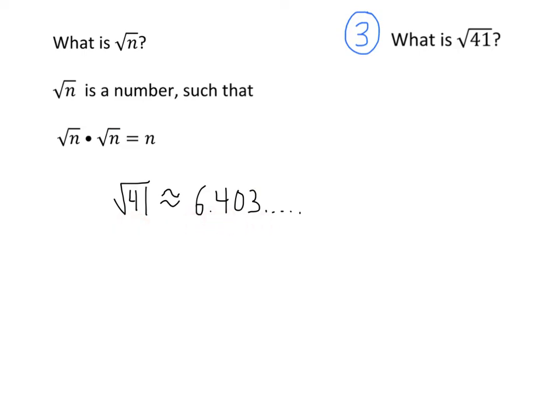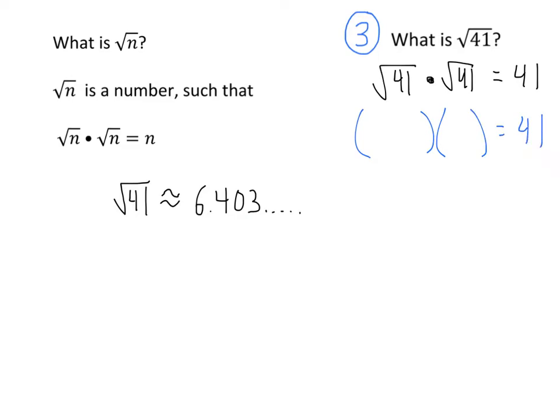If we think about what this definition says, whatever the square root of 41 is, if you take that number and multiply it times itself, you better get 41. So we can check this. Is the square root of 41 approximately 6.403? I know that number goes on forever, but whatever that number is, if I multiply it times itself, I need to get 41.